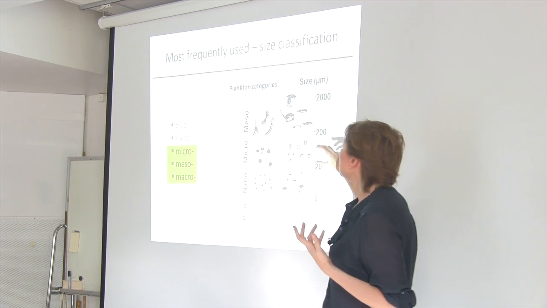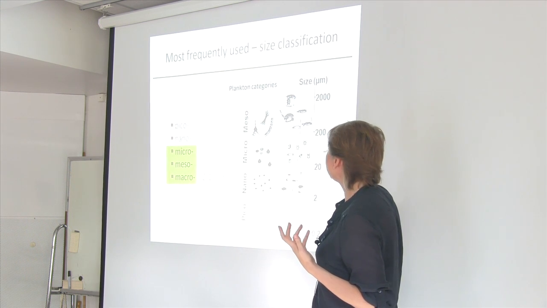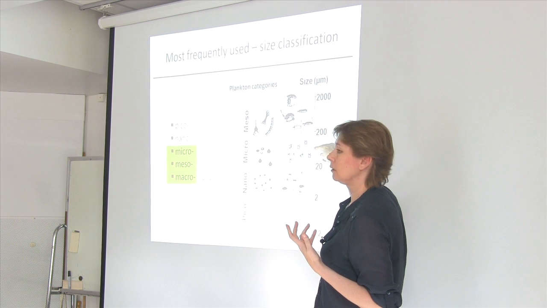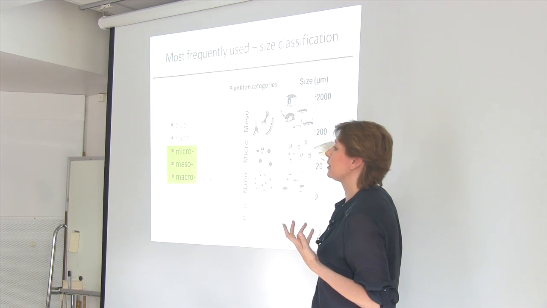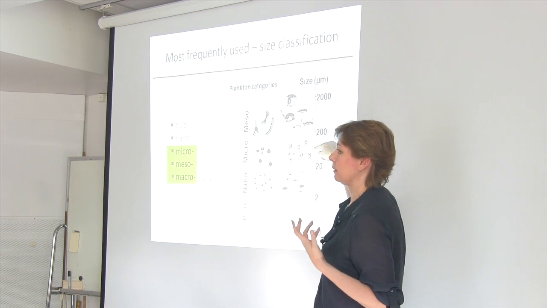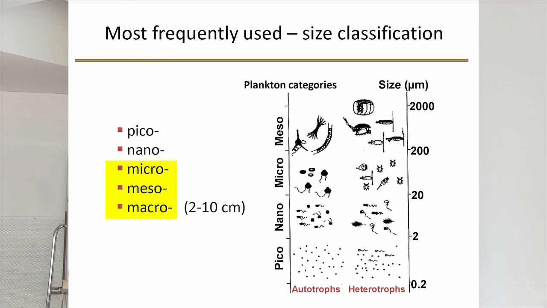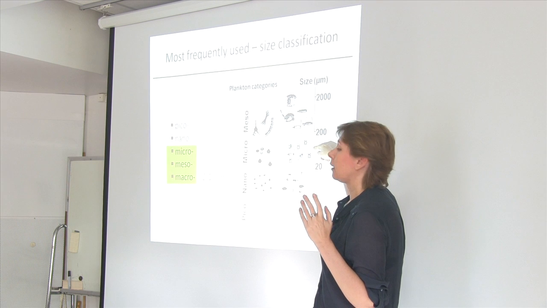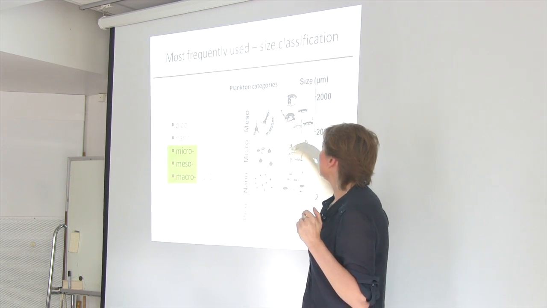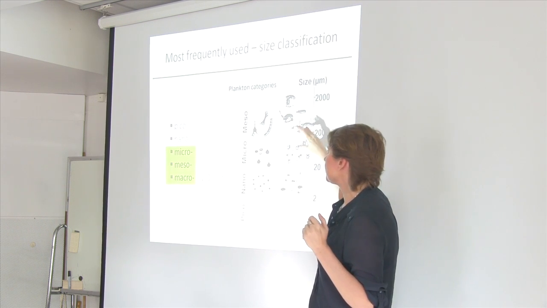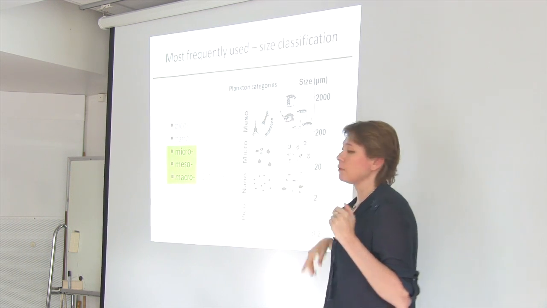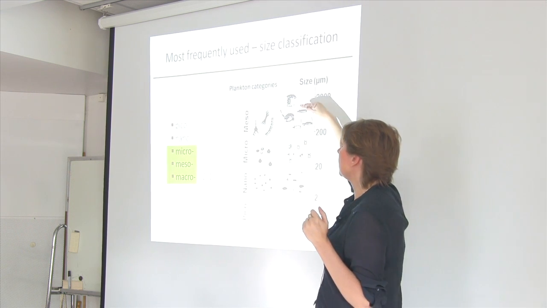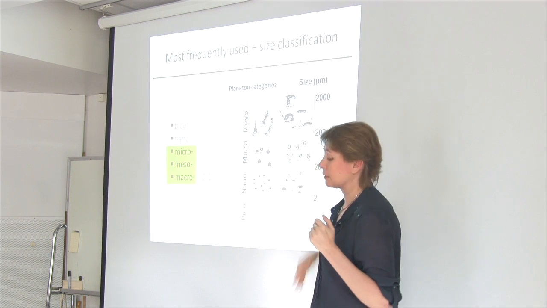So sampling with a net of 100 micron, and this is the net we use in the Baltic Sea most commonly if there is no special research idea behind the zooplankton sample, and if it's just monitoring or regular screening, then we are cutting it in between. So some of the rotifers, ciliates, small zooplankton species and juvenile stages are in our samples, and they also contribute to the mesozooplankton sample.